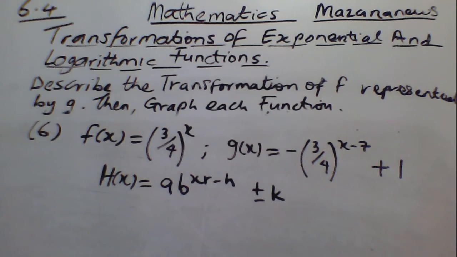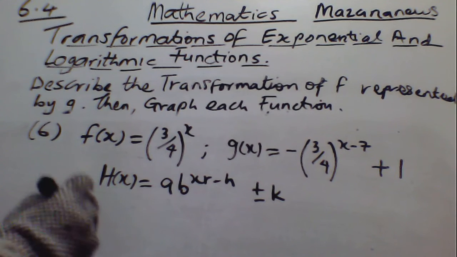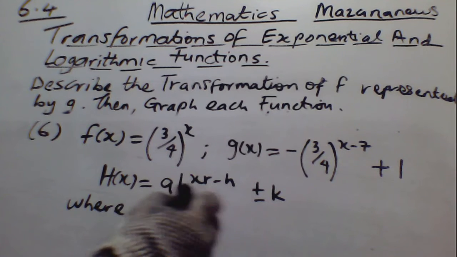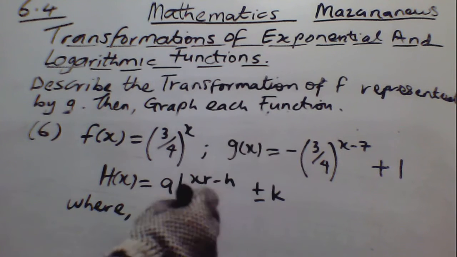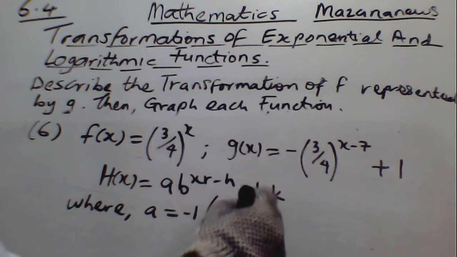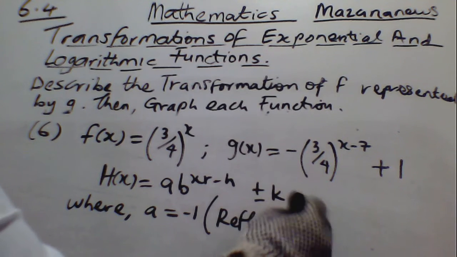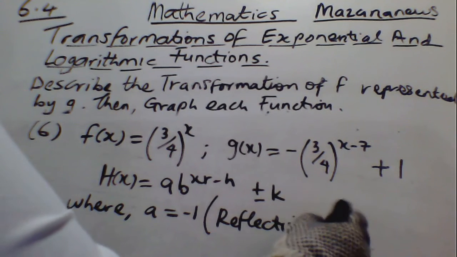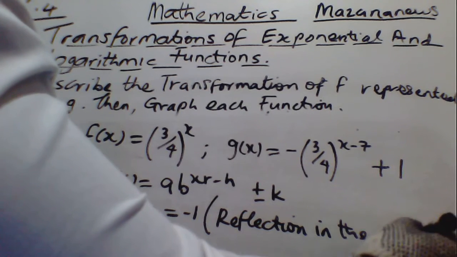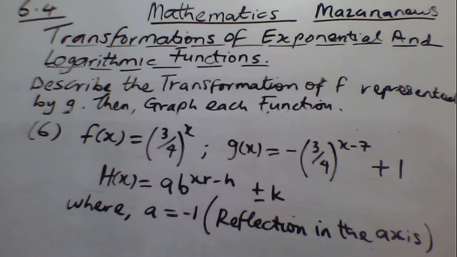So it is in this form, where a is equal to what? Look at it here. This is minus 1, and that is a reflection. Reflection in the x-axis. Refer to the table of values for transformation. So reflection in the x-axis.